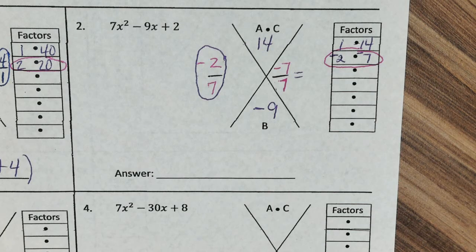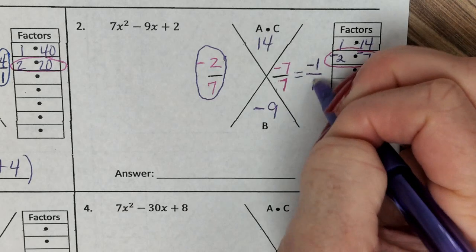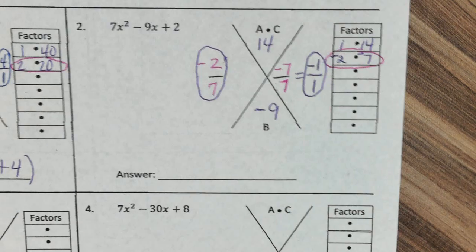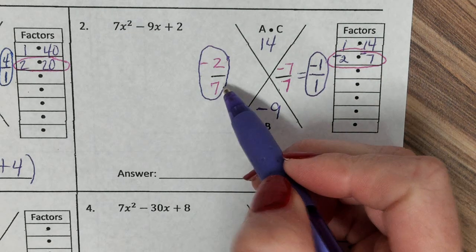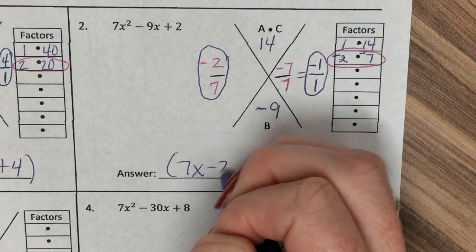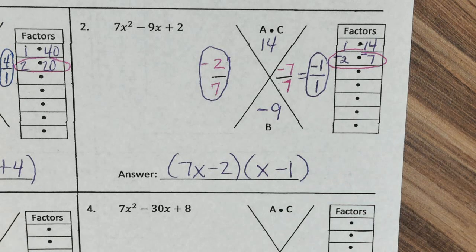It simplifies to -1 over 1. And the negative has to stay with the top number. Okay, bottoms up. The first number goes with the x, so 7x minus 2 times 1x minus 1. All right, are y'all getting the hang of it?